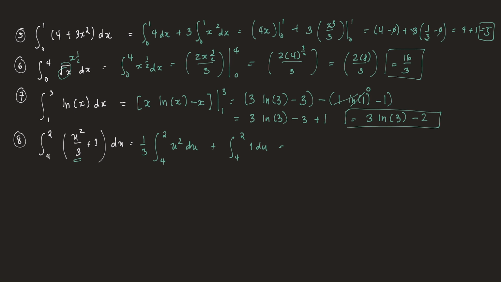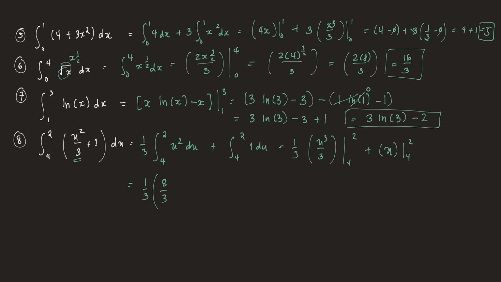Right? And this is, again, equal to 1 over 3 times u cubed all over 3 from 4 to 2, plus that's just going to be equal to u from 4 to 2. Okay, so if you simplify this, that becomes 1/3 times 8 over 3. So that's 2 cubed, right?